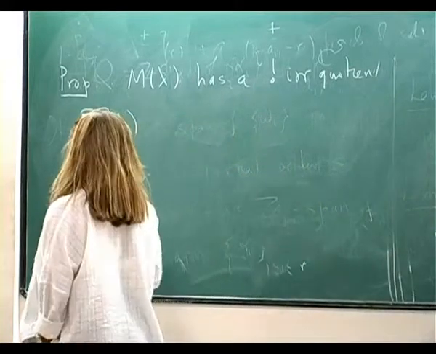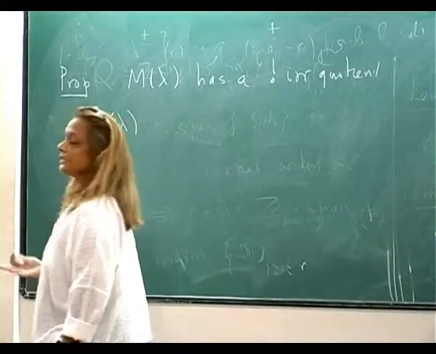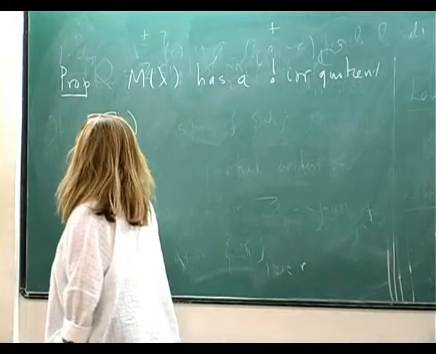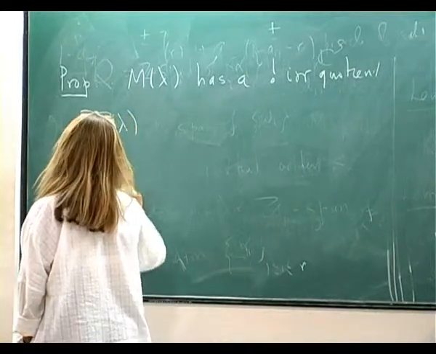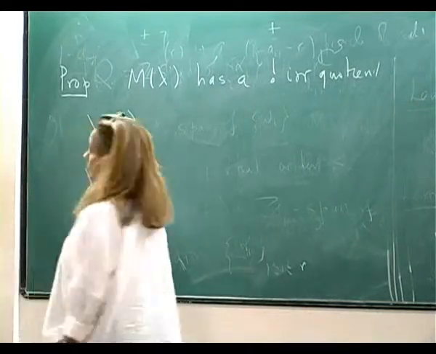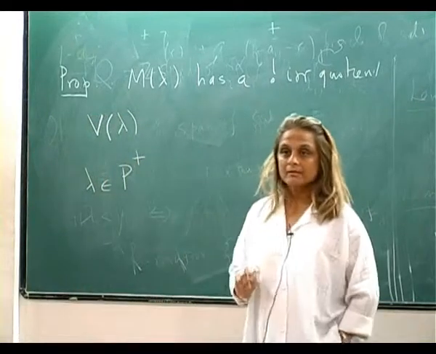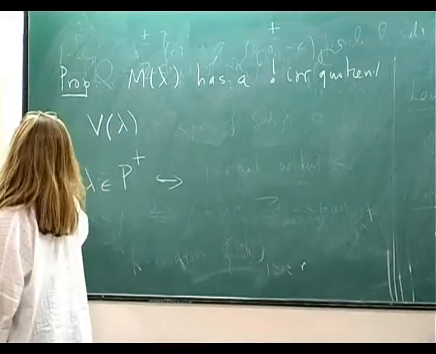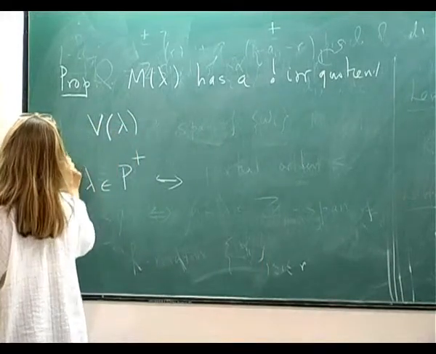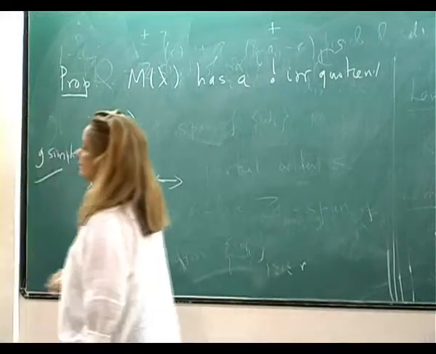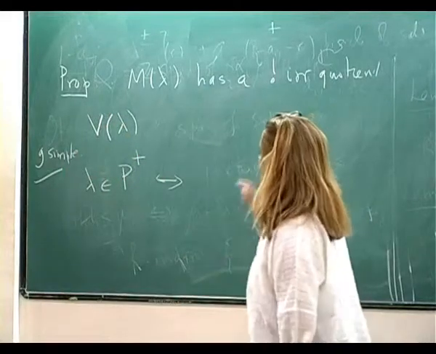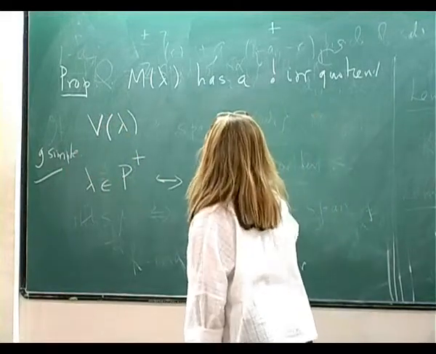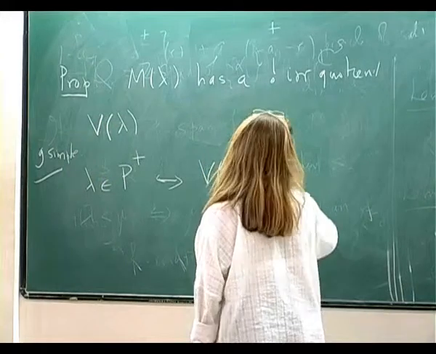Okay, so when we were doing simple Lie algebras, what was the next interesting question you asked? You said, well, supposing you took lambda in P plus. What did we say yesterday? We said that the corresponding V lambda, so for the moment let me assume g is simple, if I took lambda to be dominant integral, then we proved a result which says that V lambda is finite dimensional.